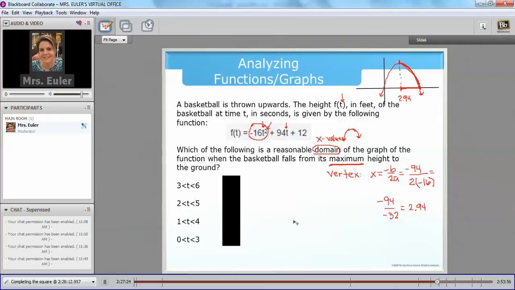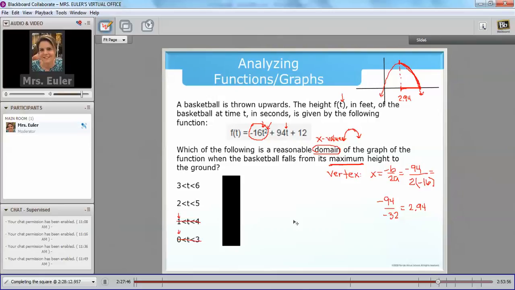So when we look at these answer choices over here, which one makes sense from the maximum to where it hits the ground? It's starting at 2.94, so we can already eliminate this one and this one. These are not close to starting at 2.94. This one starts at 1, this one starts at 0.